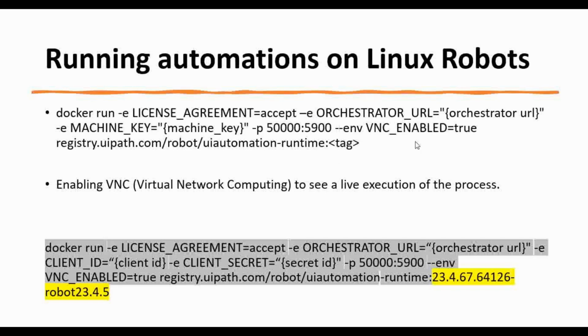If you want to see this execution, you can install a VNC player, and there you provide localhost, a colon, and the port value that you provided here. Then during the execution, you can see the real-time execution of your process. So enabling VNC lets you see a live execution of the process. VNC stands for virtual network computing.